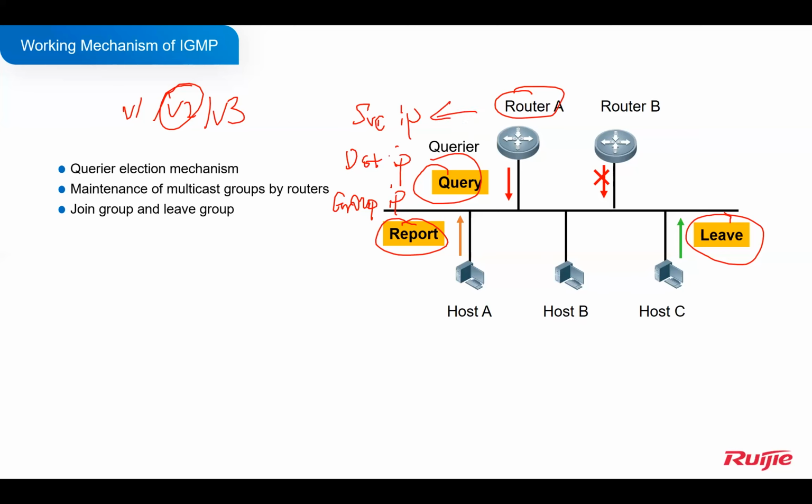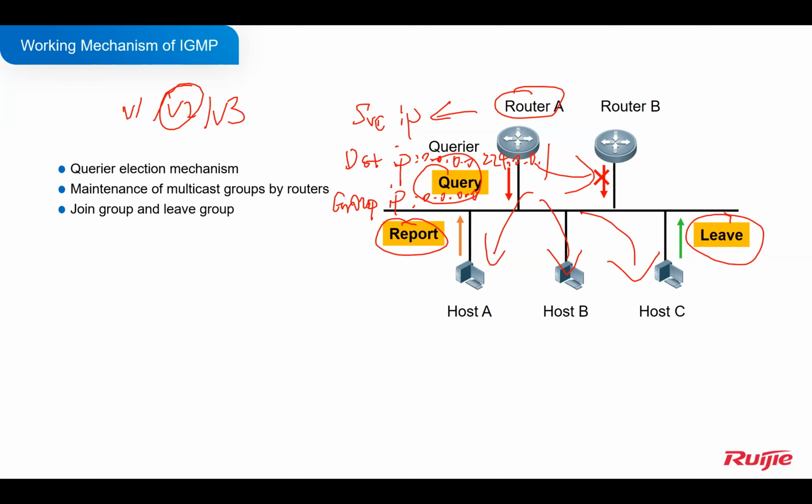The group IP is 0.0.0.0, which means the router doesn't know which group you belong to or want to ask about. Next, the destination IP is all nodes, which means we send this packet to router B, host A, host B and host C. So that every host can receive this packet, we set the destination to 224.0.0.1, which means all nodes.